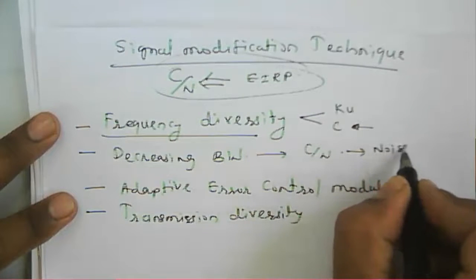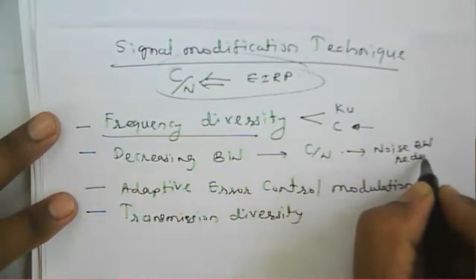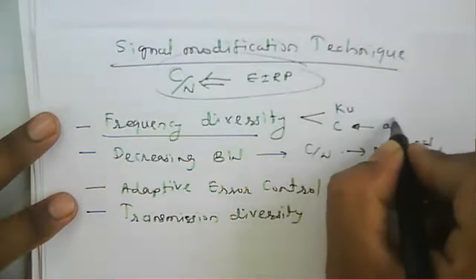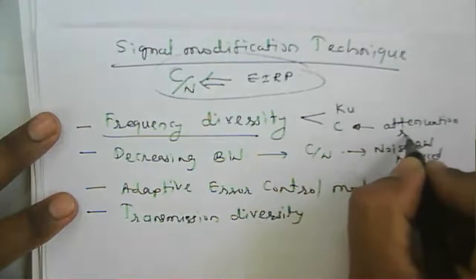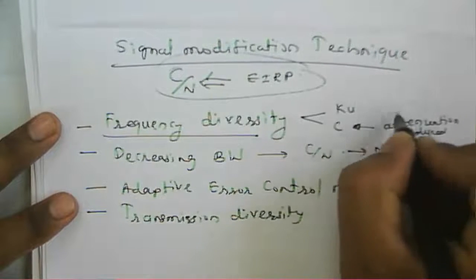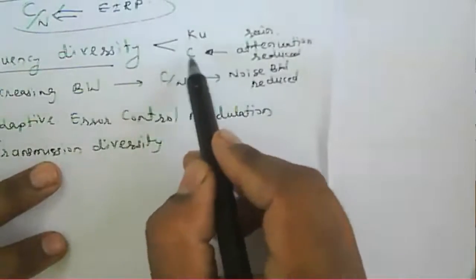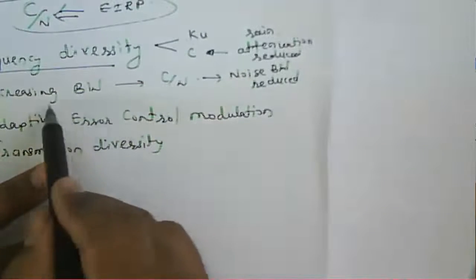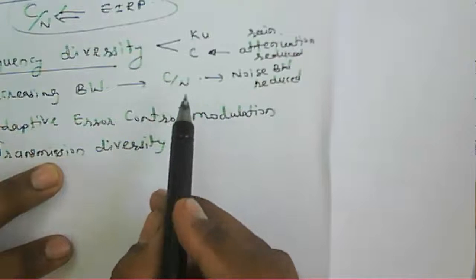If we consider frequency diversity, the rain attenuation is reduced. If we use decreasing bandwidth, we can reduce the noise bandwidth.